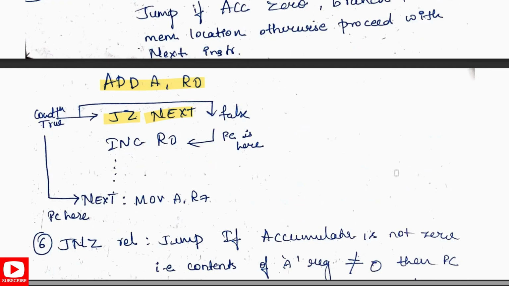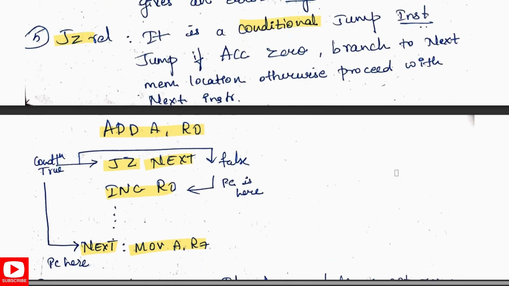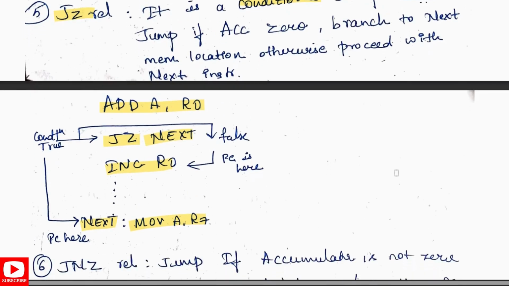Increment R0. Then next is given: MOV A comma R7. If this condition is true, that is, if the jump is 0, then it will come to the next. If it is false, it will move to the next instruction itself. So it depends on the condition.